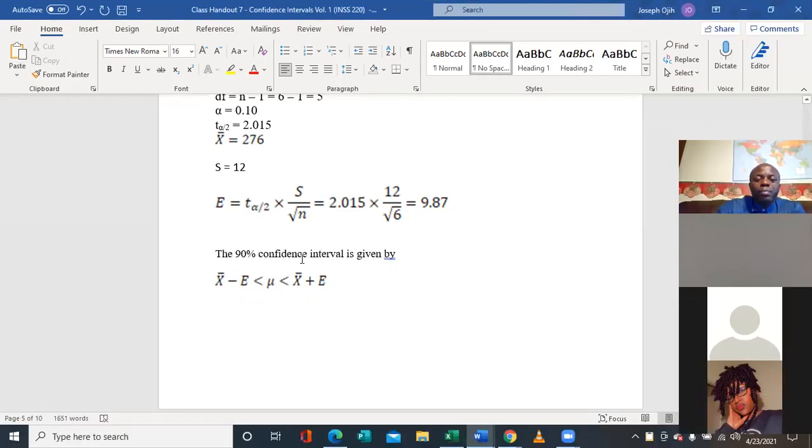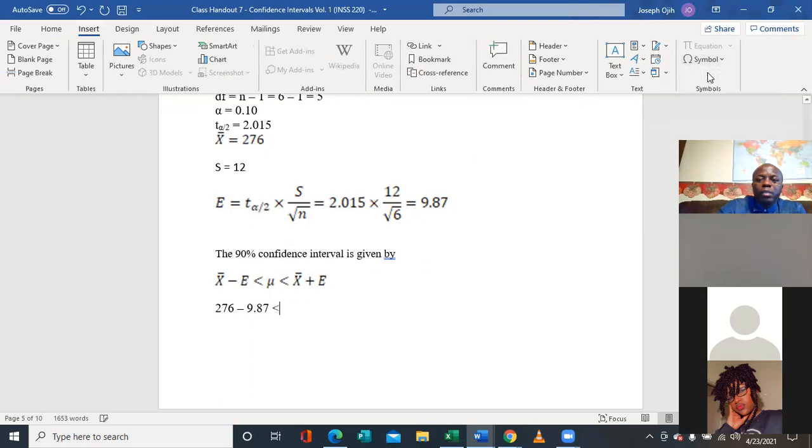So we have X bar, which is the sample mean of 276, minus the error of 9.87, less than the mean, and less than X bar plus the error, 276 plus 9.87.